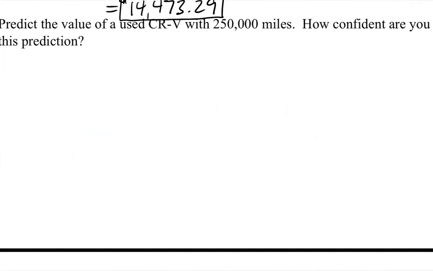Now we're going to use it to predict for a 250,000 mile car. 250,000 miles driven. How much would the predicted value be there? It's a negative.